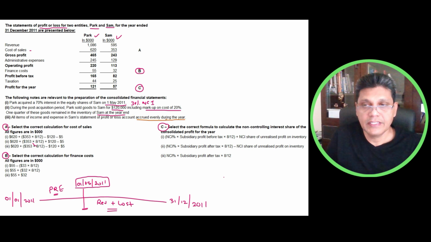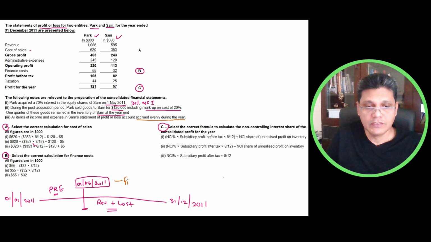So when it is stated that income and expenses accrued evenly during the year, it typically means that you can divide the total annual figures of the subsidiary company by 12 to obtain the monthly figures. Then you can proportionately take the post-acquisition period figures.